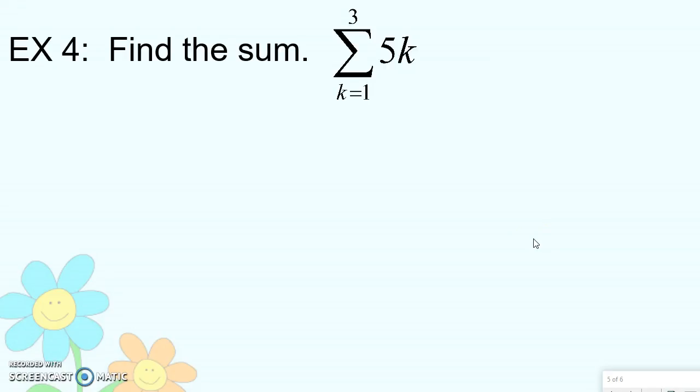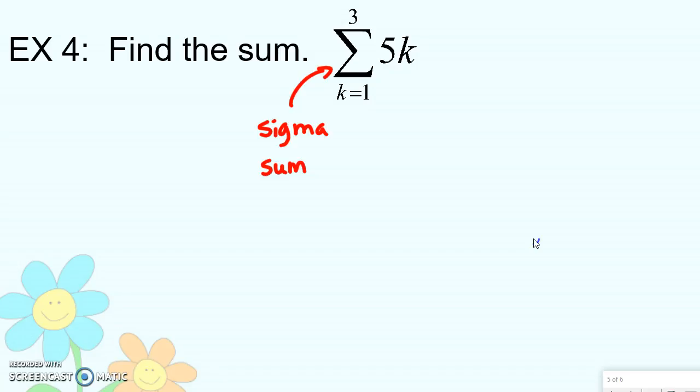So this symbol is a sigma, the Greek letter sigma. And that means to find the sum. So I'm adding the terms of my sequence. K is equal to 1, so I start at 1, and then I go to 3.